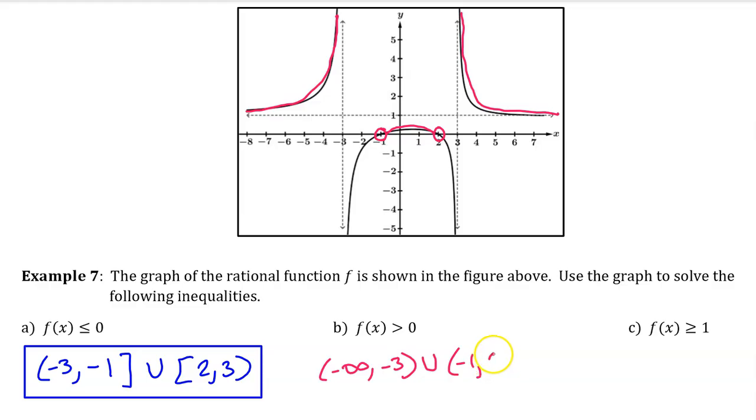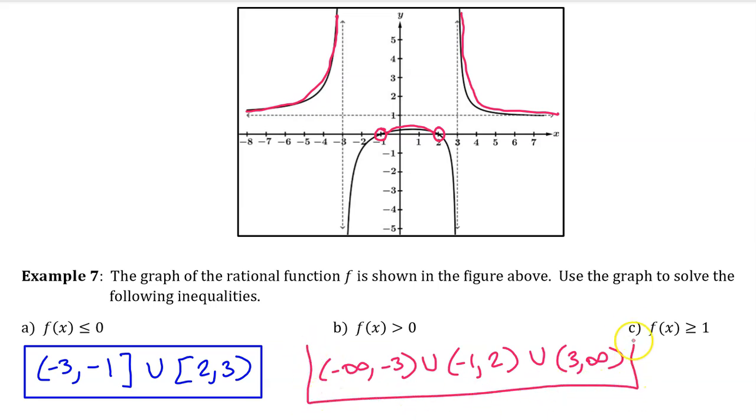We will use parentheses on both sides because these are open circles. All right, these are not places where f of x is greater than 0. These are places where f of x is equal to 0. That's not what we want, so we will leave the endpoints out. And then the final interval goes from 3 to infinity. All right, so that's the solution for part B.